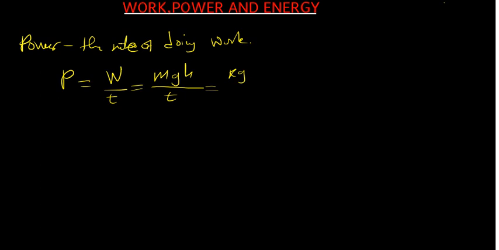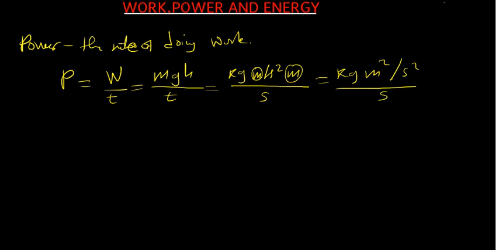This g is acceleration, which is in meters per second squared, and then the height is also in meters. Time down there is in seconds. So notice that we have got this meter and this meter which can multiply. So we're going to have kg meter squared per second squared, and then divided by second.